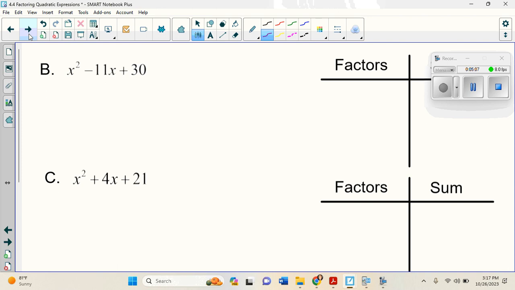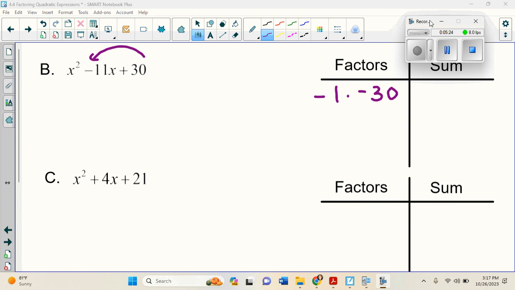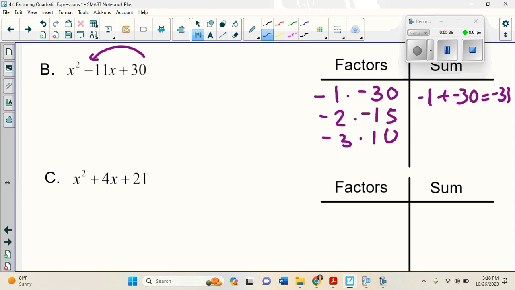For B, I'm going to take the factors of 30. Because 30 is positive, but b is negative this time, I need to make sure that my two factors are both negative. Negative 1 times negative 30 is positive 30, and negative 1 plus negative 30 is negative 31. Okay, so I'm going to write negative 2 and negative 15, negative 3 and negative 10, negative 5 and negative 6. And then I'm going to add them.